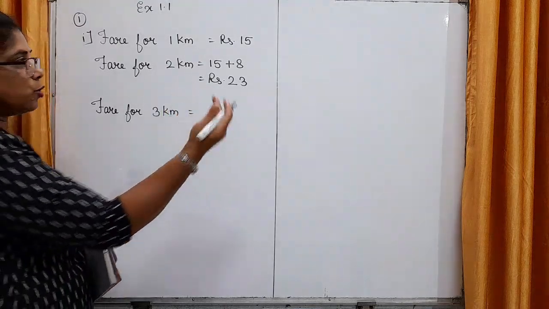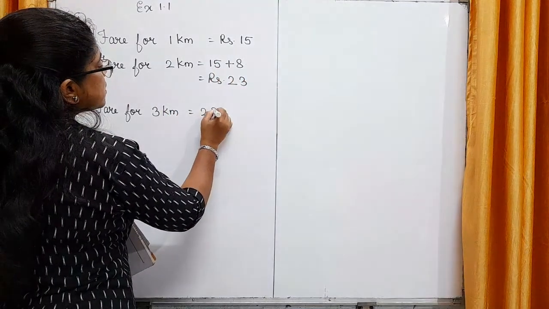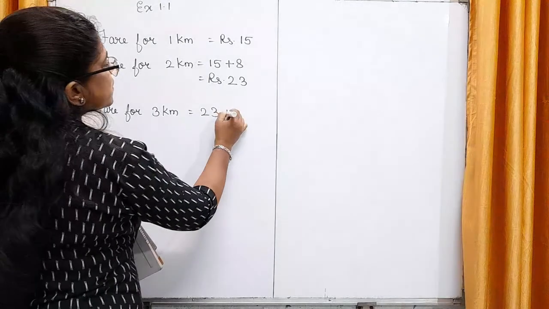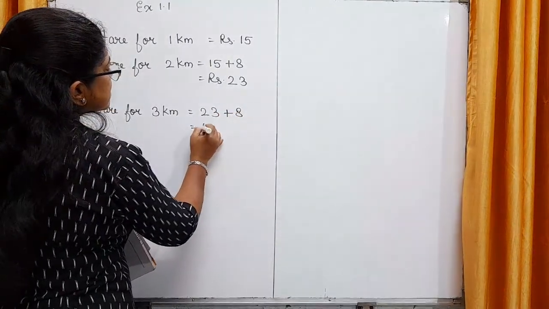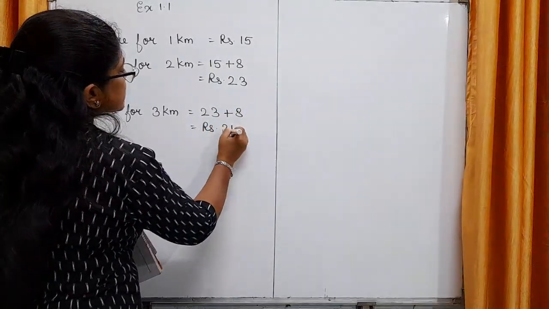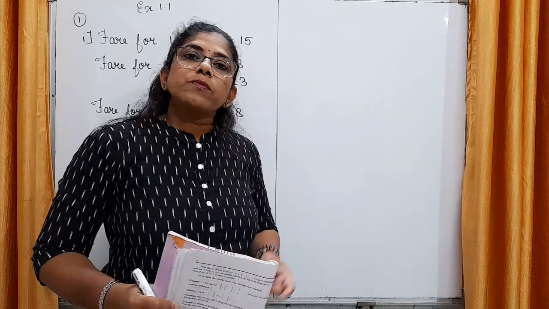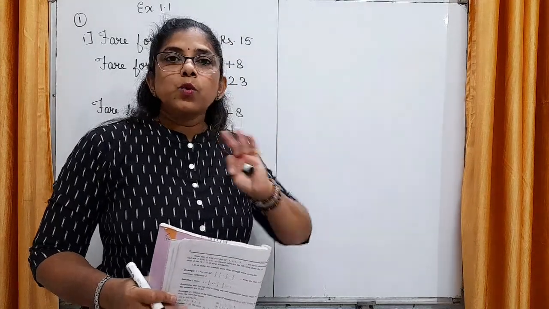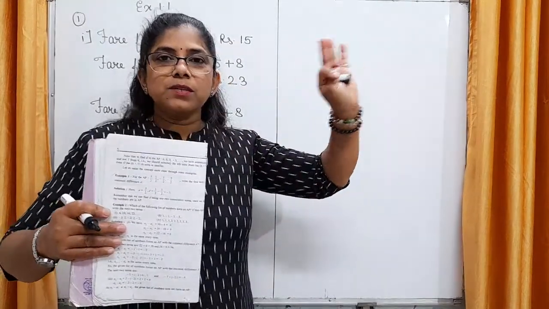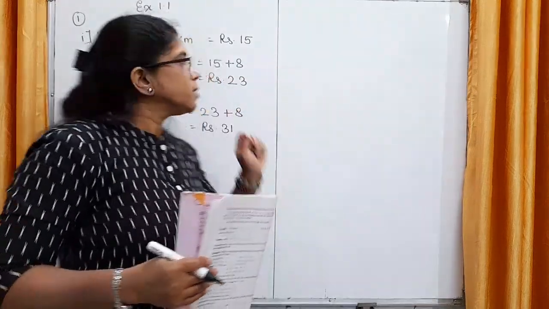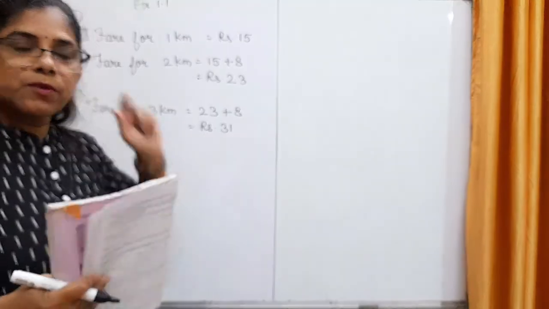See, for the first 2 kilometers it is 23, and for the third kilometer we will add 8 again, rupees 31. Now whenever we have to check whether the terms form an AP or not, 3 terms are enough. No need to find the 5th, 6th, 7th, 8th terms. 3 terms are enough to check. Now we have 3 terms here, right?